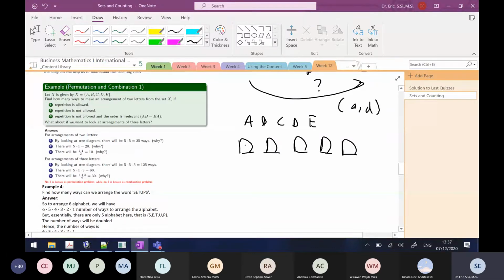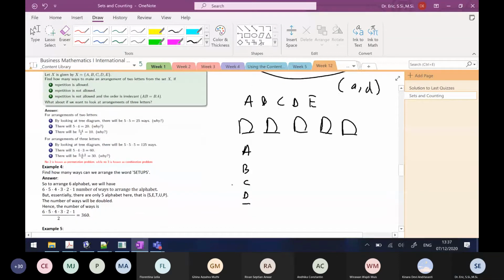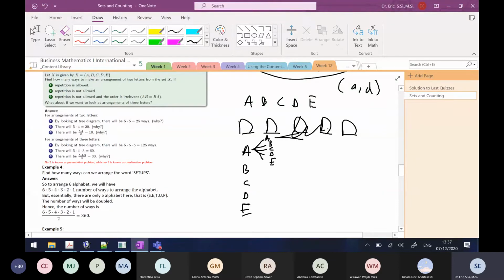For the first one, if repetition is allowed, from every branch of the first letter, I have 5 branches. What are the 5 branches? A, B, C, D, E. And for the second letter, I have 5 branches also. Sorry, I just choose 2, yeah?